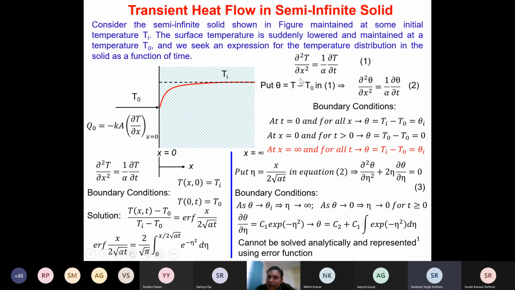Can you see the point why we are non-dimensionalizing this equation? Particularly this length you have to non-dimensionalize. Is it clear to everyone what I'm saying? Because we will not be able to ascertain where this x should be infinite. So x is infinite at the length where my T becomes Ti, so some uncertainty is there with respect to that.